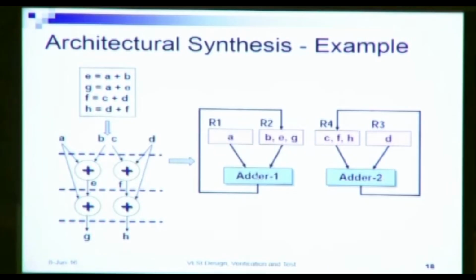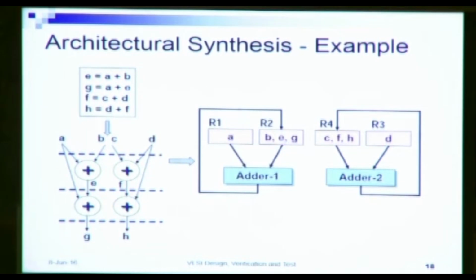Okay. Then the output of this adder will go through a demux to register 2. The demux will enable us to prevent the output from going to R1 and to go to the register R2 as desired.